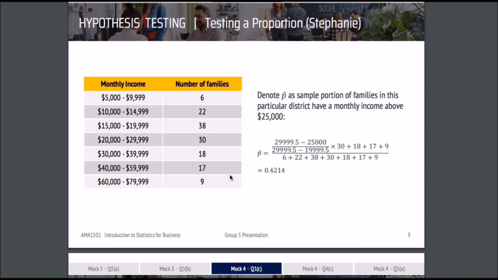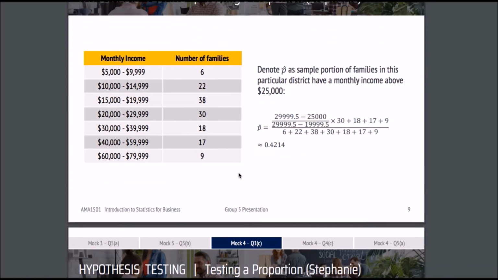By understanding the question, we can conclude that we are going to use a one-tailed test, because we only have one critical region instead of two. So we have one critical region and an acceptance region.